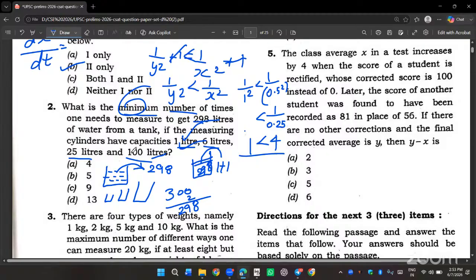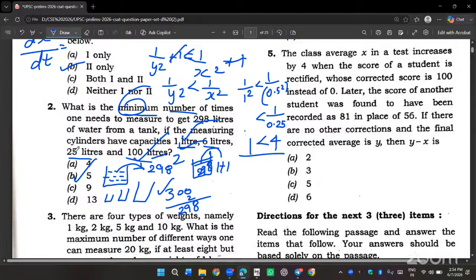By using the 100 liter cylinder 3 times, I got 300 liters. By taking out 2 liters with the 1 liter cylinder, since I have not been given a 2 liter cylinder, I use the 1 liter cylinder only 2 times. So totally 5 times I have used the cylinders.